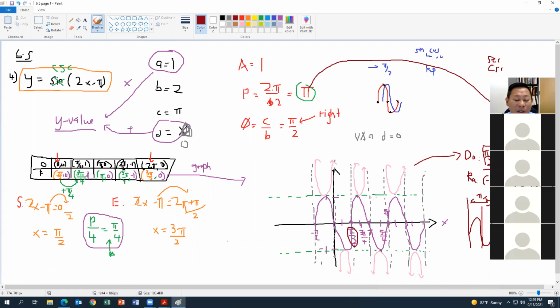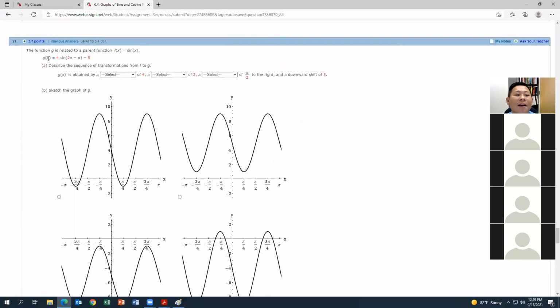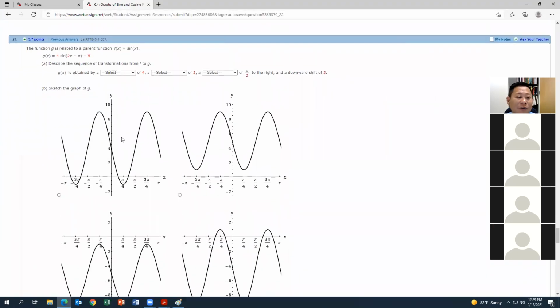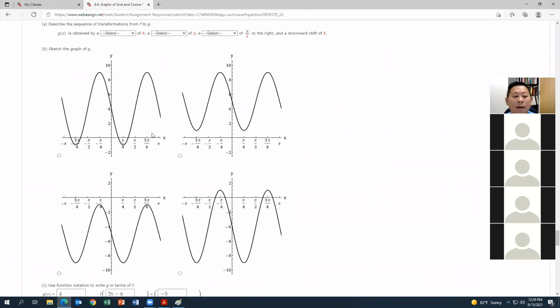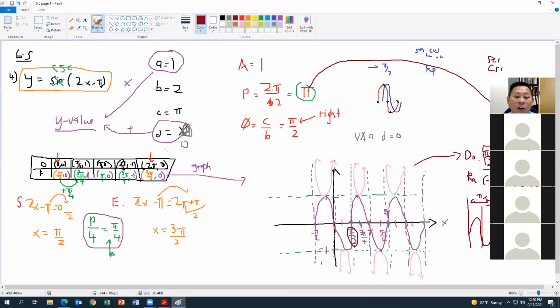So the best way to practice this, let me show you your online homework. See, this is what your online homework does. This is the question and you just pick A, B, C, D, right? Oh, I just think it's A, I think it's B. The best way is to treat this question like a test question, meaning it's open-ended, and you do all this work that I just did here, and then you draw it out.